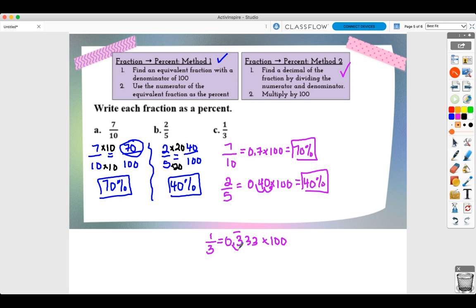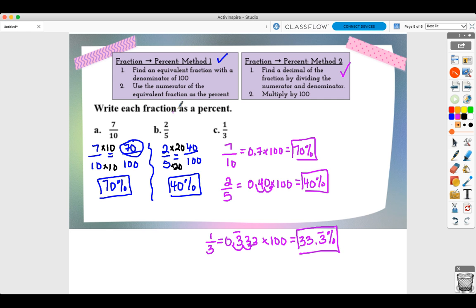So that means you're moving the decimal 2 places to the right. So that is going to be 33.3 repeated, like that. 33%, some accept 33%, some accept 33 1/3%. I'm just pointing out this is a repeating decimal.